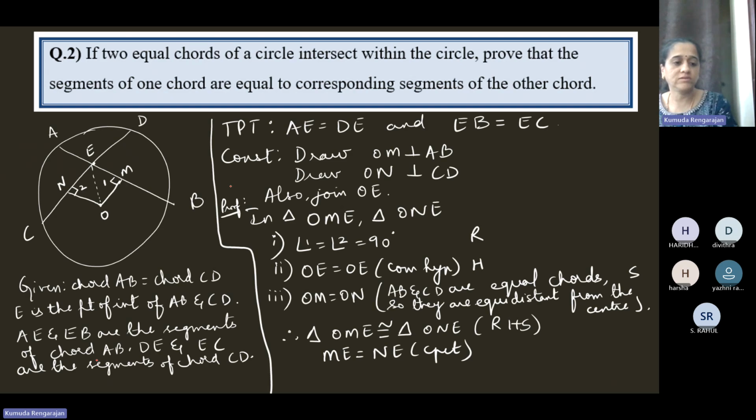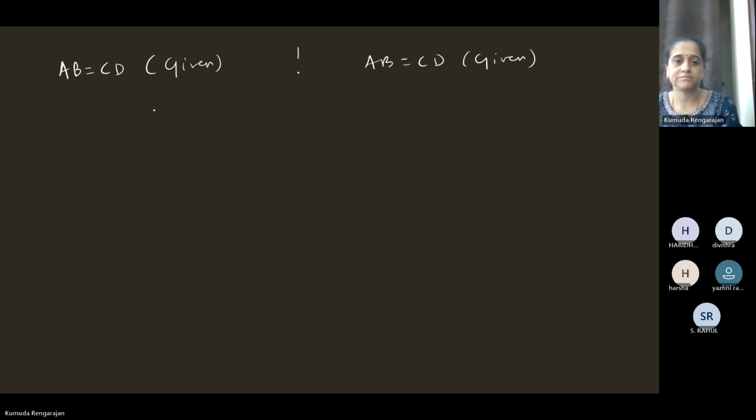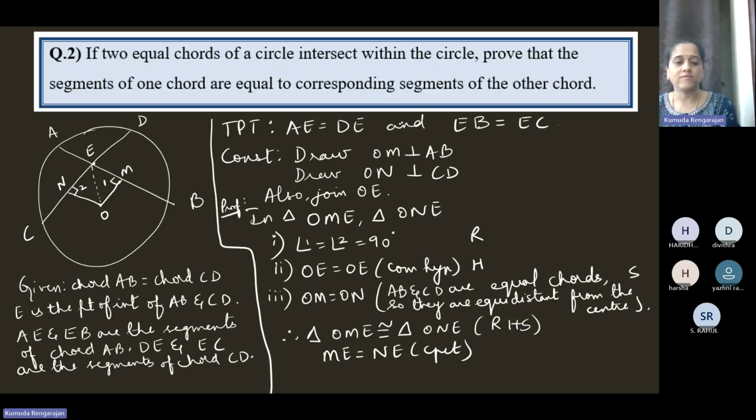How do we proceed after this? Now we start by writing AB equal to CD, given. We'll do it in both ways. Half AB is equal to half CD. Half of AB is AM or MB.